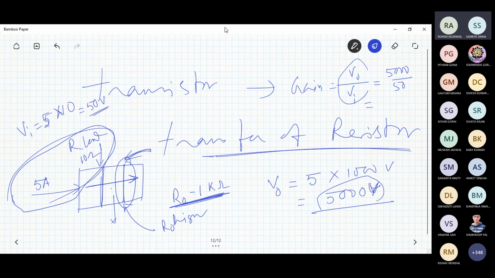You understand the philosophy: you give the same amount of current, and just due to the difference in resistance at the input level and output level, the gain arises. Again, there is an assumption that no current is getting out as base current. So whatever current goes to the output side, multiplied by the output resistance, will give you the output voltage.